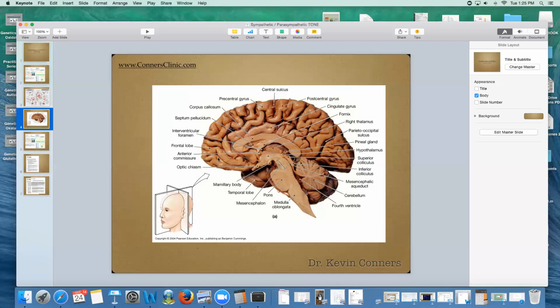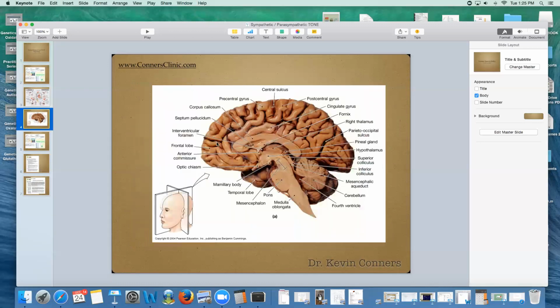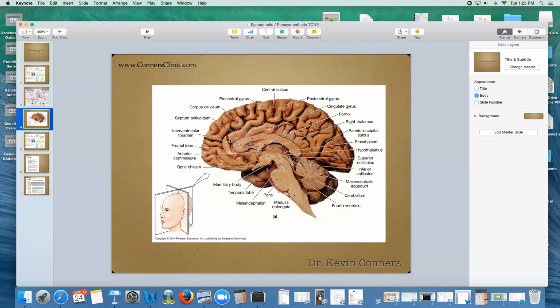So when I have a decrease in my communication from my frontal lobe to my midbrain, I'm going to have a graph where both of these are sky high. If I solely have a decrease in my communication to my mesencephalon, I'm going to have a graph where just my sympathetics are high. So from a neurological component, my sympathetics can ride high because of lack of inhibition from my frontal lobe to where the sympathetics are housed, which is the mesencephalon.